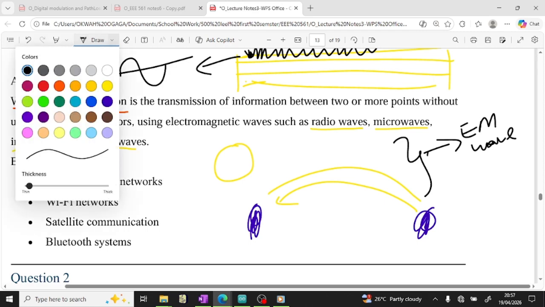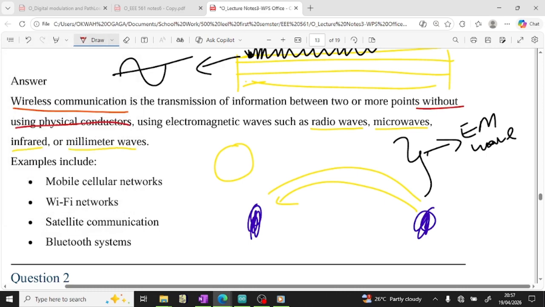What they make use of is electromagnetic wave, and these waves are radio waves, microwaves, infrared, or millimeter wave, which are just waves at different frequencies.